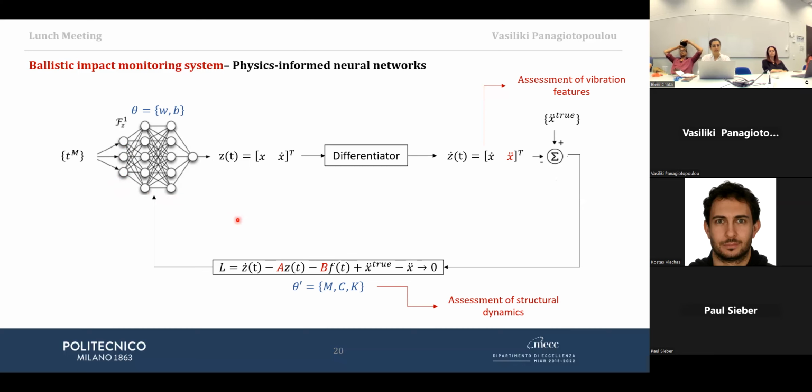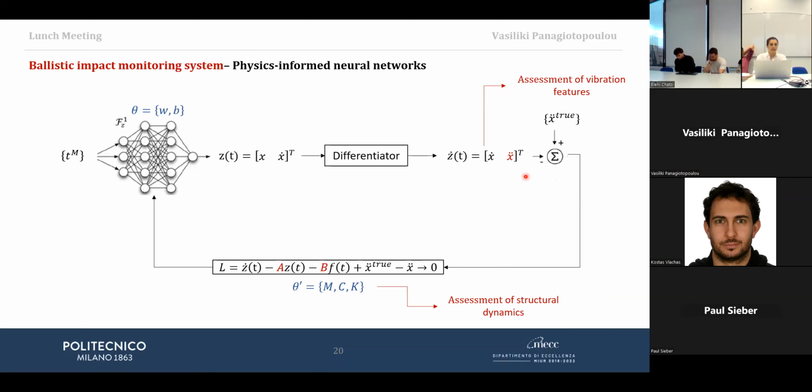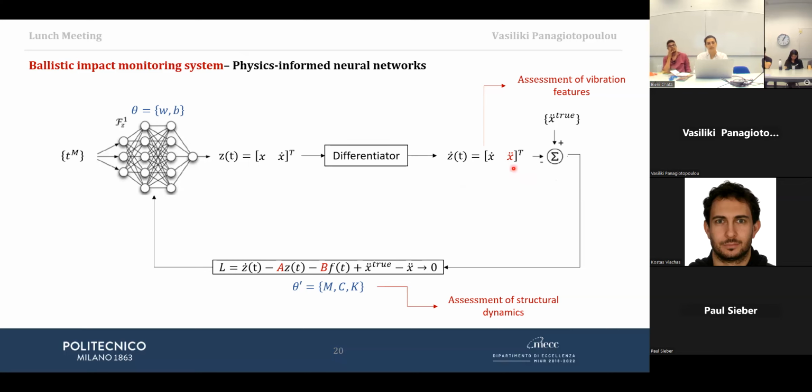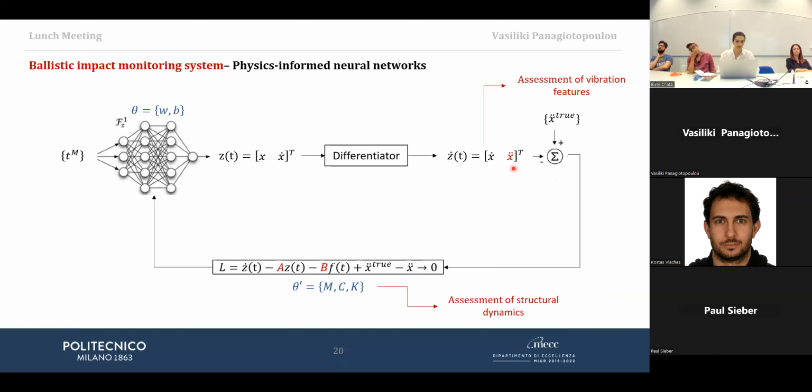But basically, the thing is that we are trying to feed acceleration. Now the structural assessment of the system could be an additional step using this estimated and predicted, reconstructed, I would say, acceleration signal.